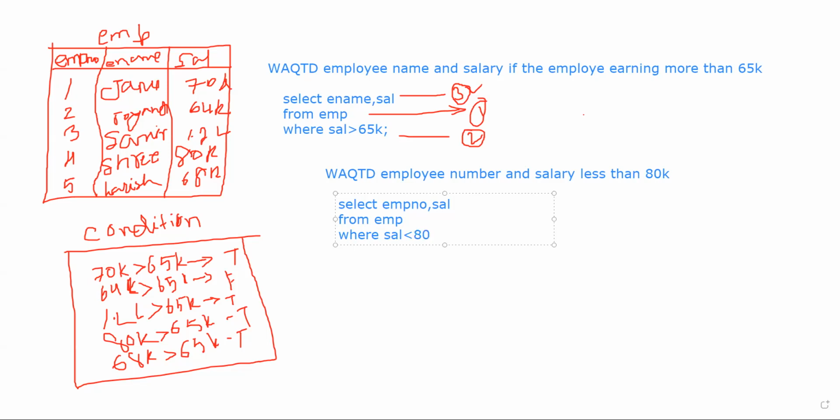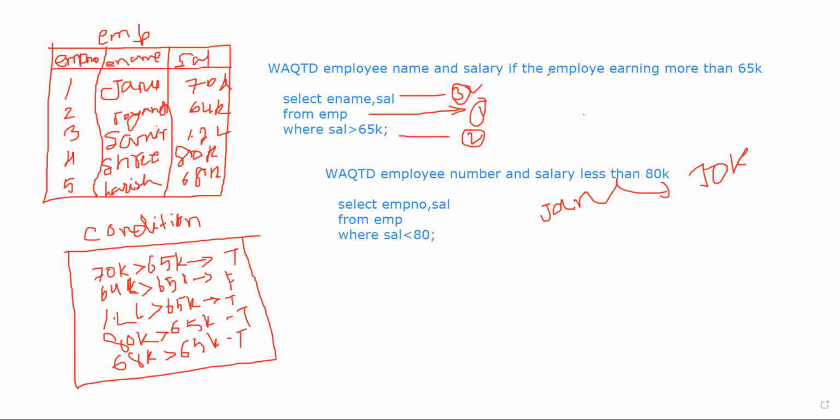Then tell me the output. What is the output? Sir, because it's the employee number only, not the name.